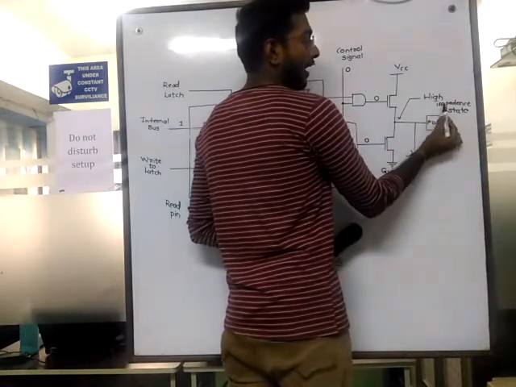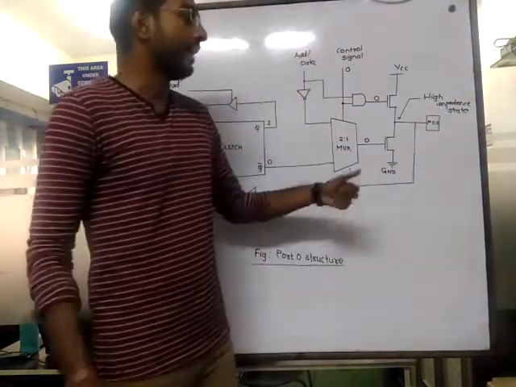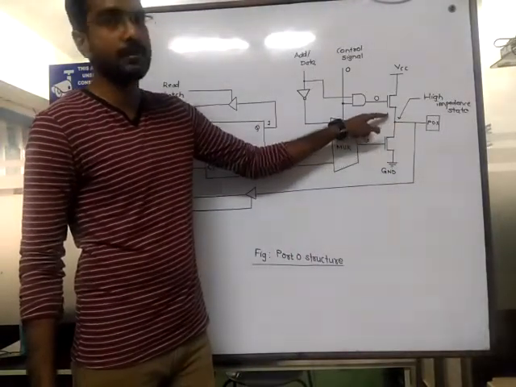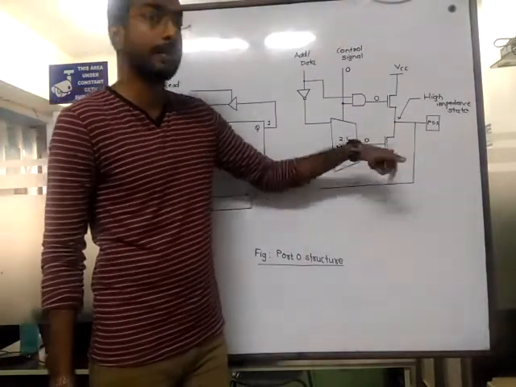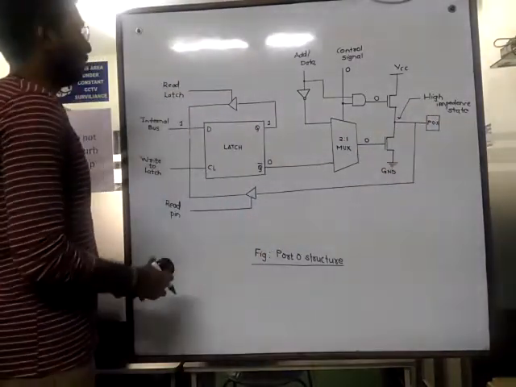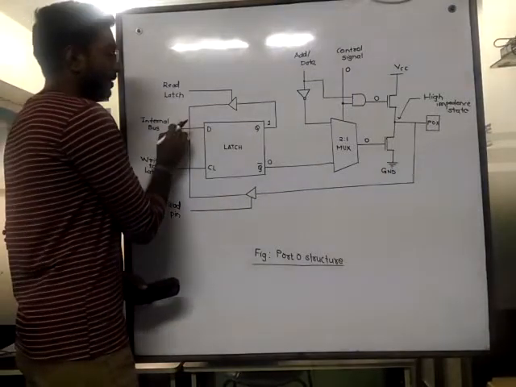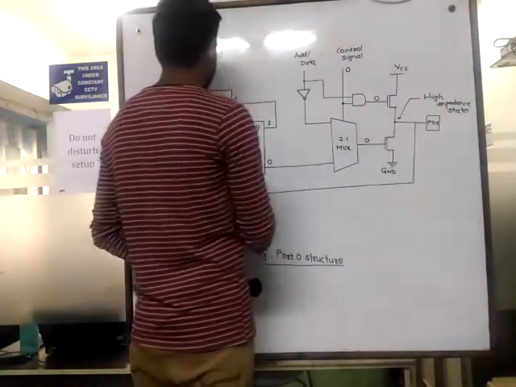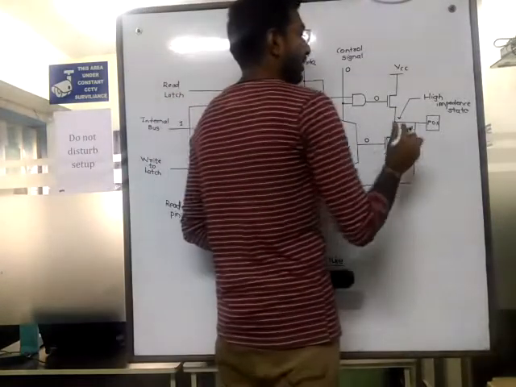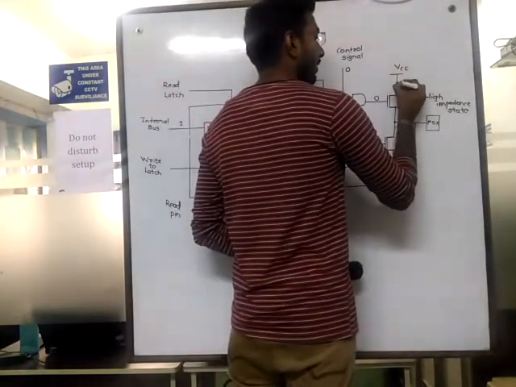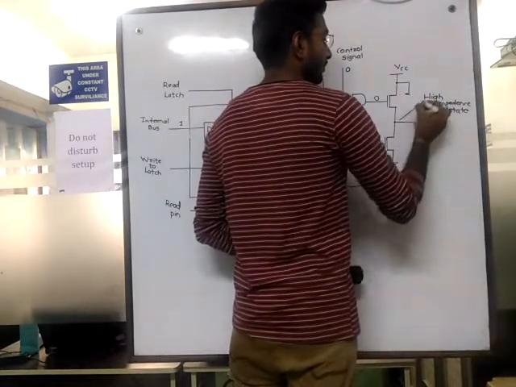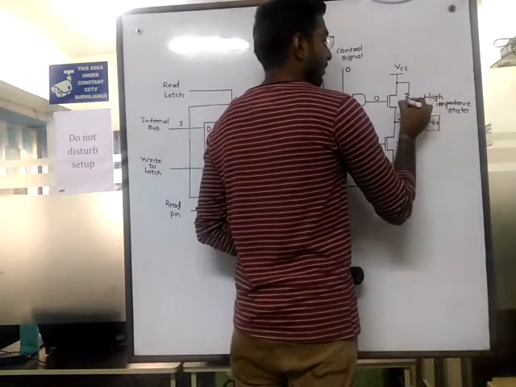The meaning of high impedance state is neither 0, neither 1. Means here the voltage level is neither 0, neither 1, which is called tri-state or high impedance state. So to make this bit appear outside, we need to connect one external pull-up resistor here.